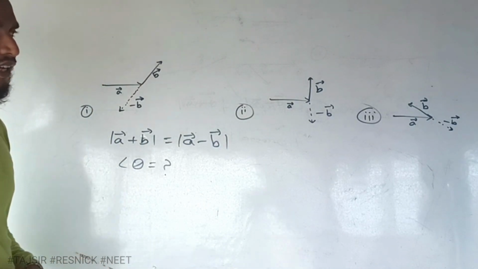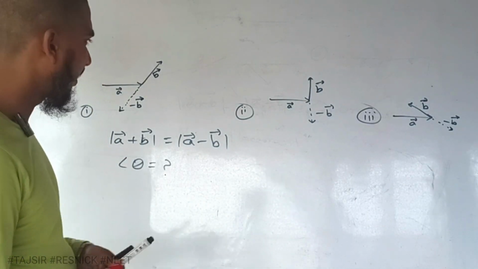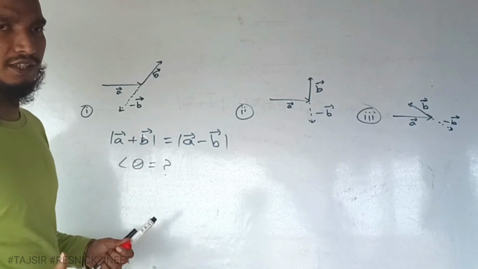Then we can calculate in these cases A plus B and A minus B according to the law of triangle addition.